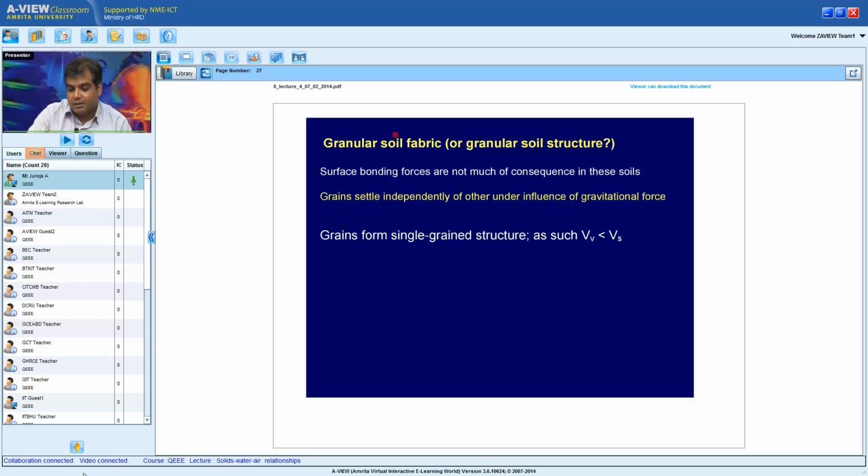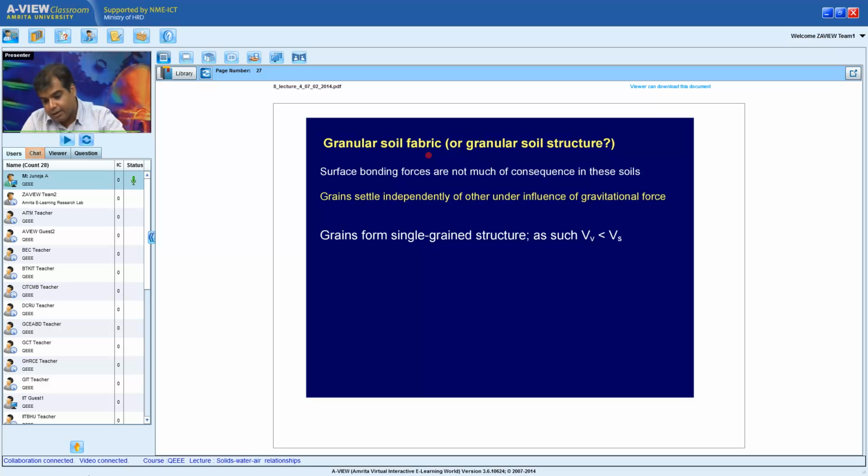So if you're looking at the arrangement of the particles in granular soil, should we call it fabric or should we call it structure? Remember, structure includes arrangement as well as bonding as well as interparticle forces. But in granular soil there are no forces.